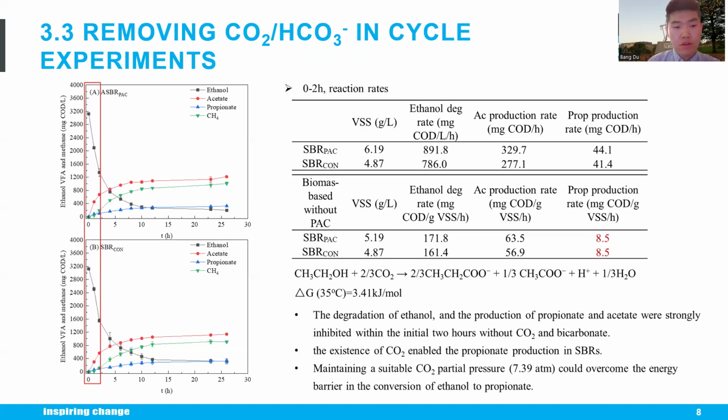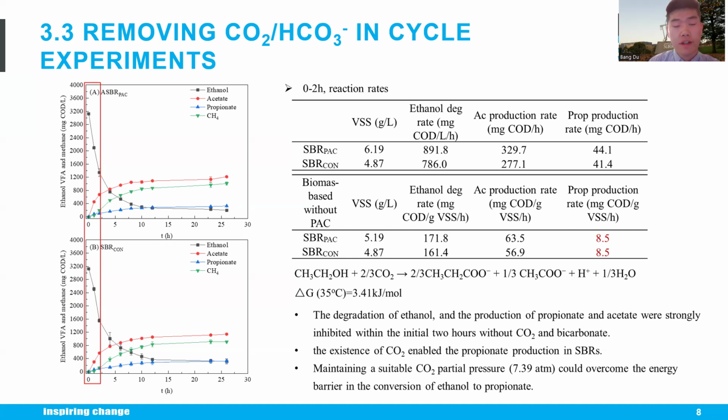Moreover, to evaluate the role of carbon dioxide in the system, we removed carbon dioxide and bicarbonate in the cycle experiment to see how carbon dioxide affects propionate production. First, we found that within the initial 2 hours, the degradation of ethanol and the production of propionate and acetate were strongly inhibited without carbon dioxide and bicarbonate.